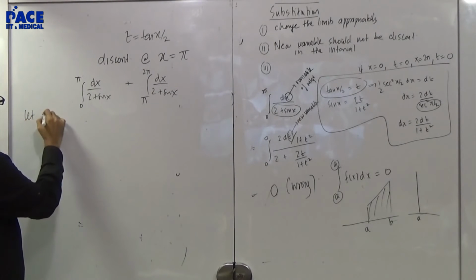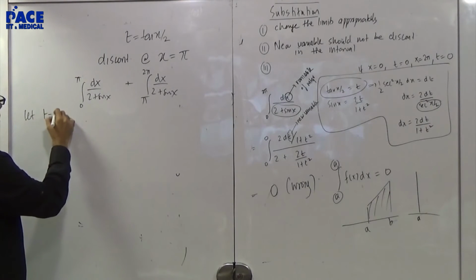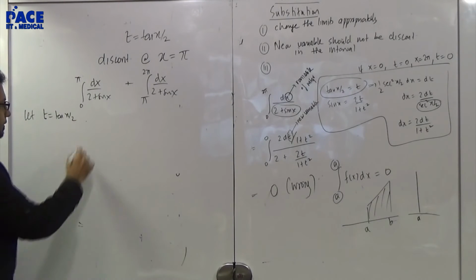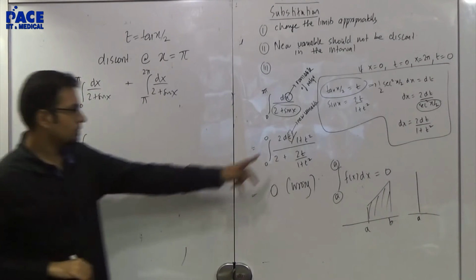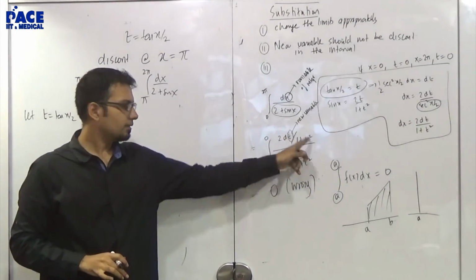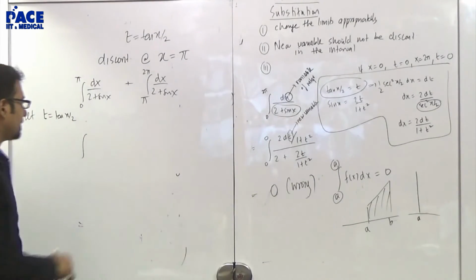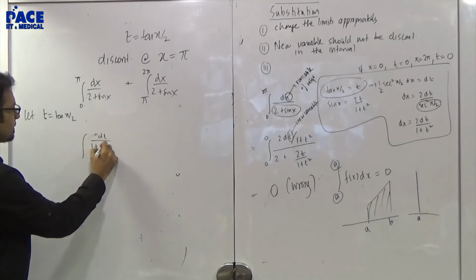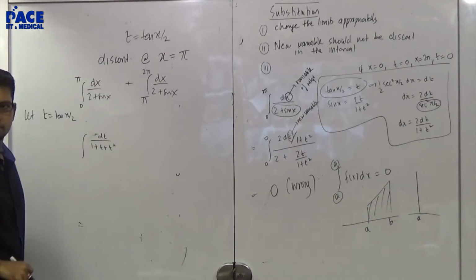Let t be tan x by 2. Okay. Now when I do that, then जो अंदर की क्वांटिटी वो तो सेम आएगी जो हमने पहले निकाली थी, है ना? This substitution, all this is same. I think you will get dt upon 1 plus t square जो मैंने पहले निकाला था वहाँ पे.